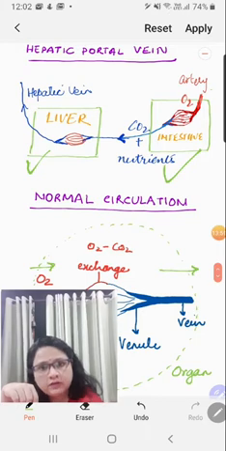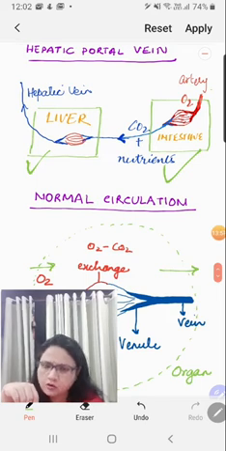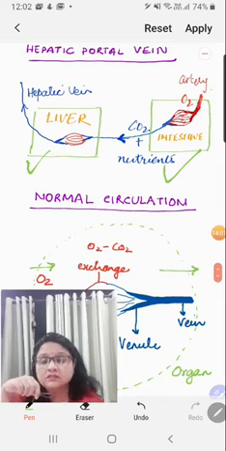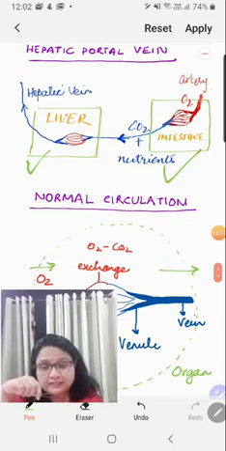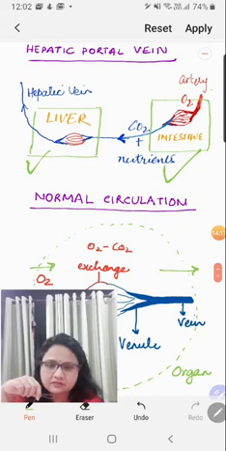Fine. So now when this vessel will be exiting the intestine, it should be a vein. Right, we will be labeling it as a vein, but what is important here, that the intestine is the site of nutrient absorption. That means at this place blood is loaded with nutrients, and these nutrients are supposed to be stored somewhere or processed somewhere so that they can be assimilated in the body.